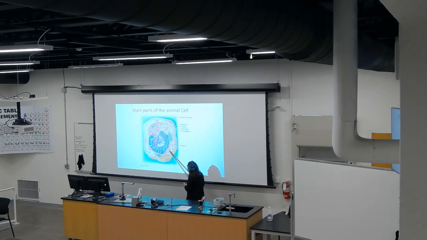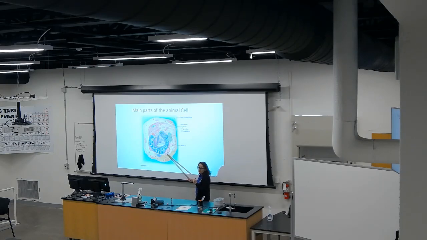And then the cells have a sausage-like organelle that is called the mitochondria. Mitochondria has double membrane, the inner and the outer membrane, and the inner membrane folds and forms like a labyrinth. And within these mitochondria, we have a lot of enzymes that make ATP.